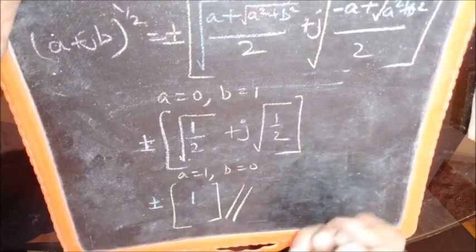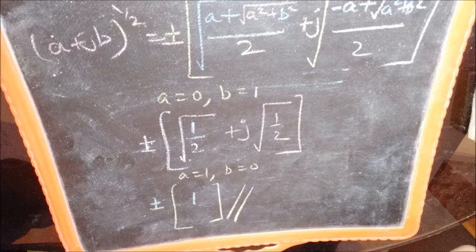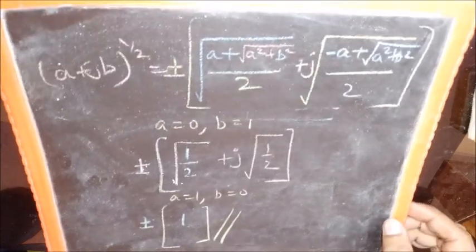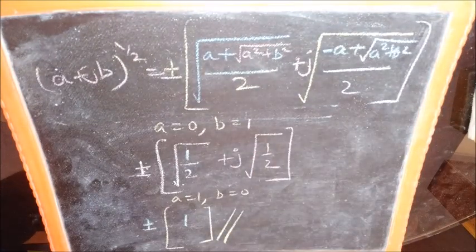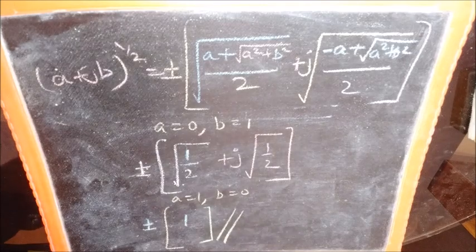So the result is plus or minus 1, that is the square root of 1. So this is one of the ways to find the square root of a complex number. In fact, there may be other ways. This is one of the ways in which you can find out the square root of a complex number.